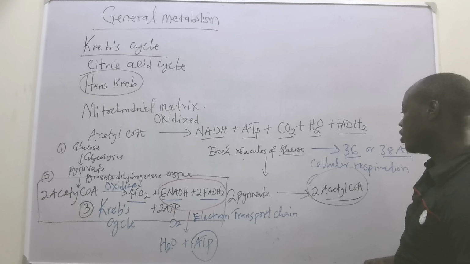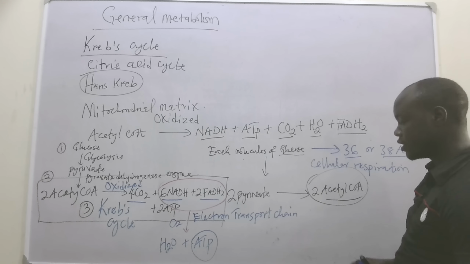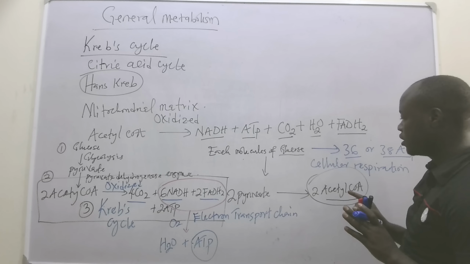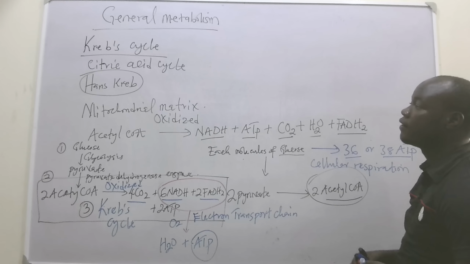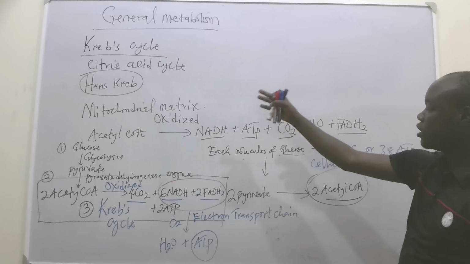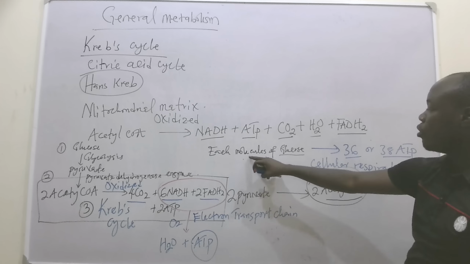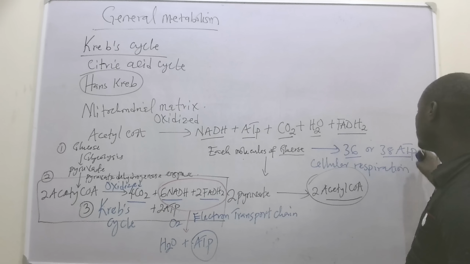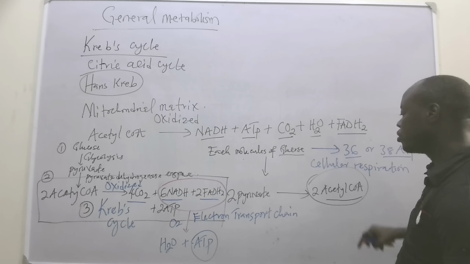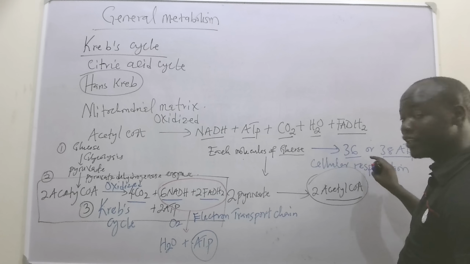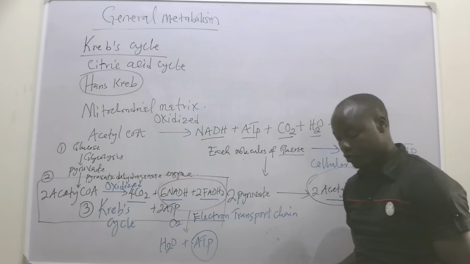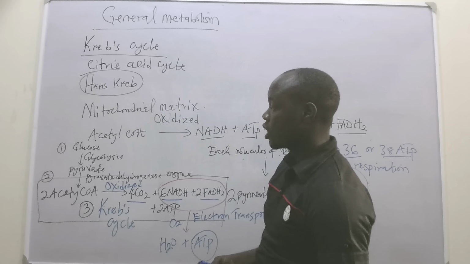And this is what we call the citric acid cycle. This is cellular respiration, where 1 molecule of glucose will be converted to produce 38 molecules of ATP or 36 molecules of ATP.